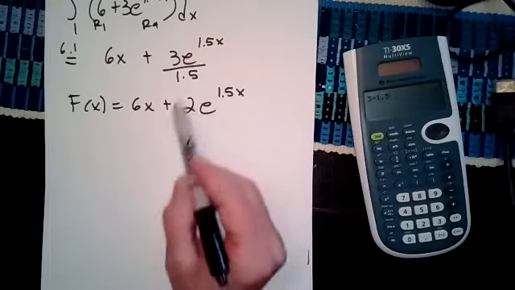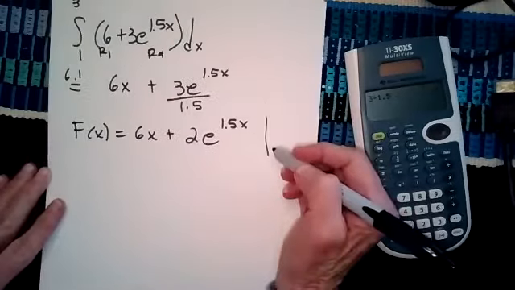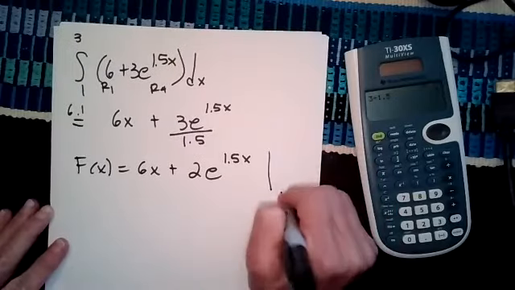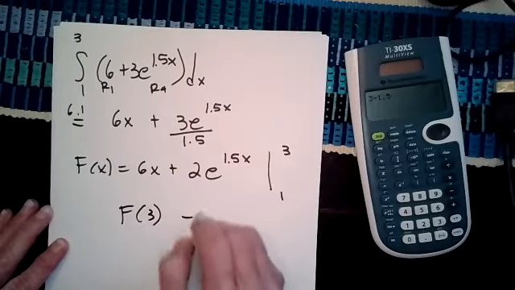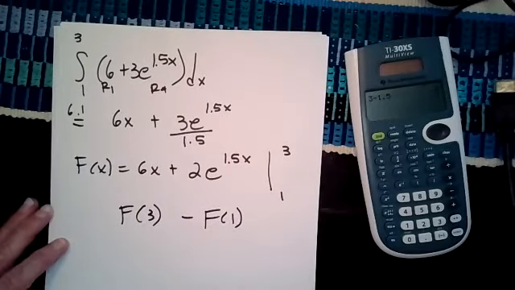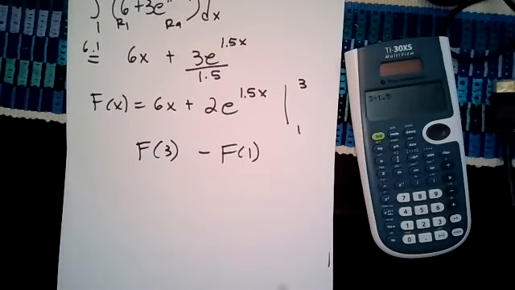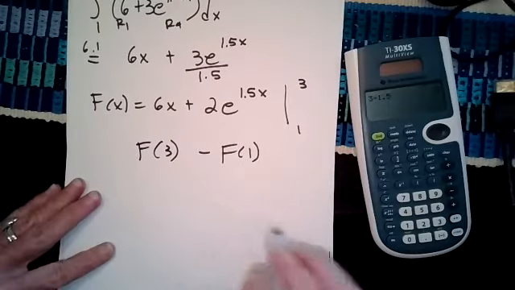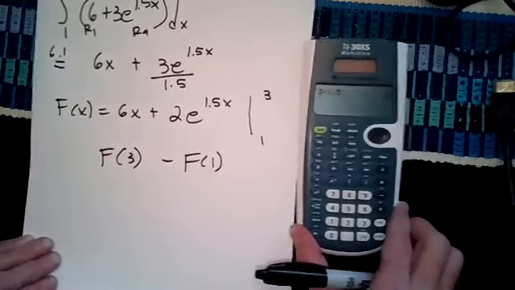But if it makes a nice number, I just make it a 2. And now I'm going to evaluate it from 1 to 3, right? So I'm going to do f of 3 minus f of 1. I want to make sure you see how to use the E button on your calculator. All right, so I'm going to do my 3, store for x, and enter. Always do my top number first.